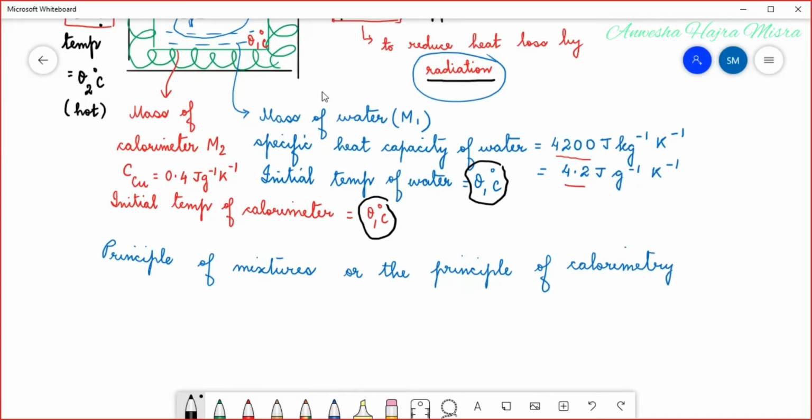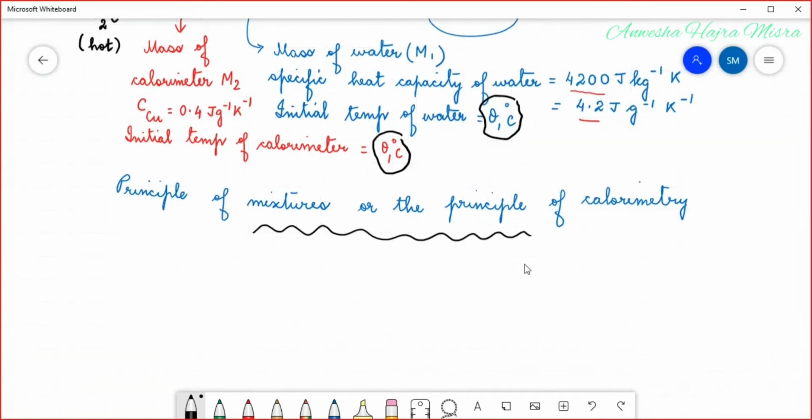we have that the heat which the body loses.